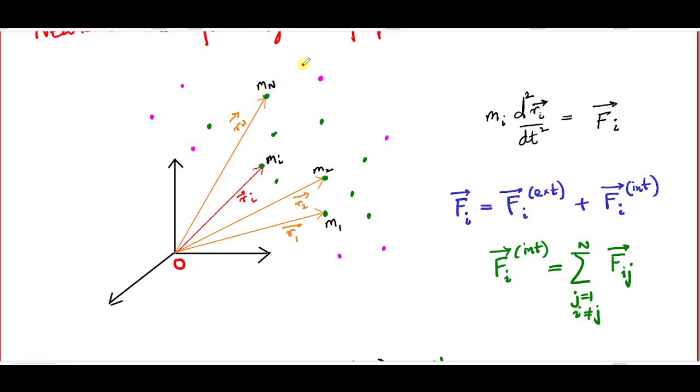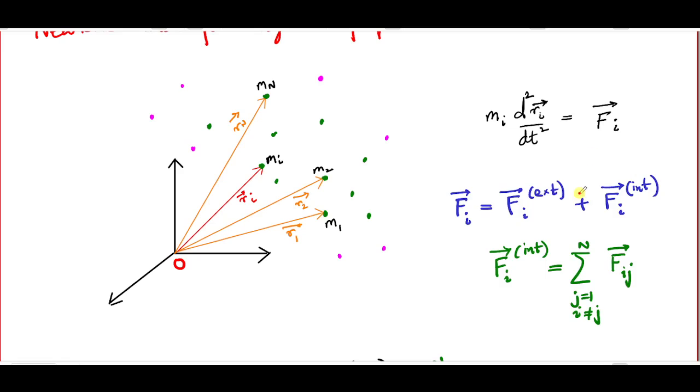So if any one of these purple colored particles here exert a force on mi, this particular ith particle, that force is going to contribute towards Fi external. Of course, when I say Fi external, I will add up the contribution to the force on the ith particle given by each and every body which is outside my system.